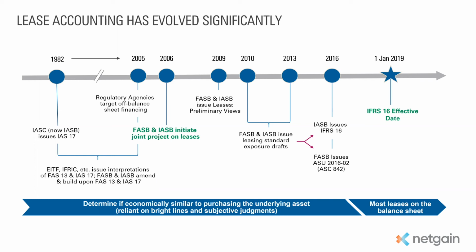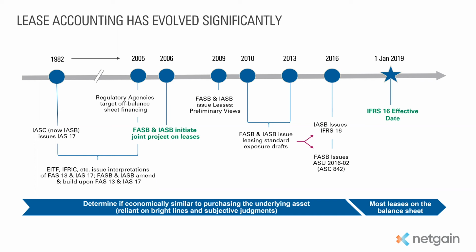The underlying crux of those 4 questions is saying, am I in effect financing a purchase of an asset, or am I renting an asset and incurring monthly expenses associated with that? So in the early 2000s, a lot of focus on the convergence of IFRS standards. The FASB and the IASB joined together to create a joint project on leases.